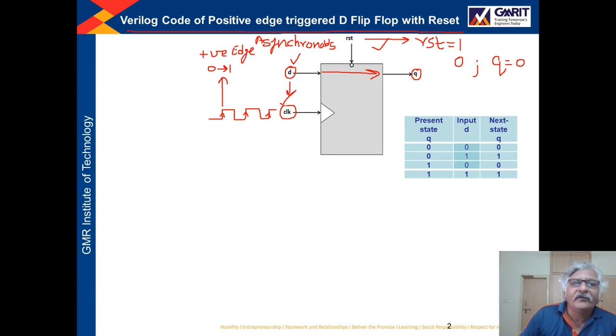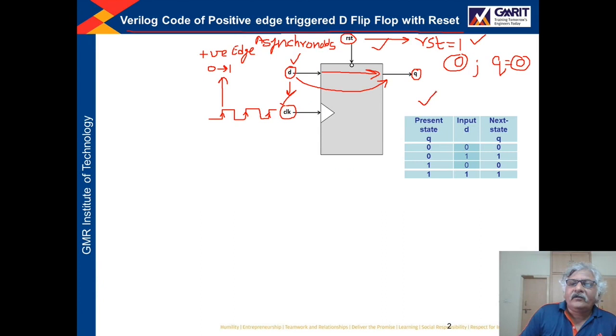Whenever there is a positive edge in the clock, at that time only the content of D will be transferred to the output. Whereas for the reset, at any point of time, if the reset becomes 0, then the output will become 0. For the normal operation of the flip-flop, reset must be 1. If reset is 1, then only during the positive edge, the D input will be transferred to the output Q.